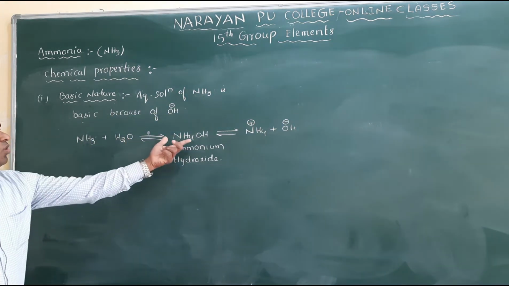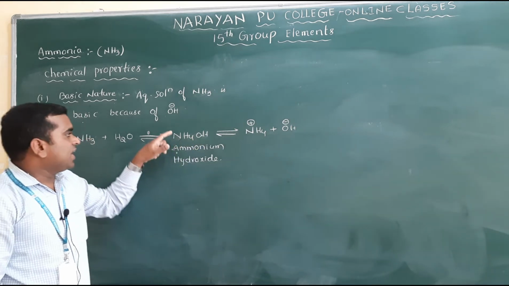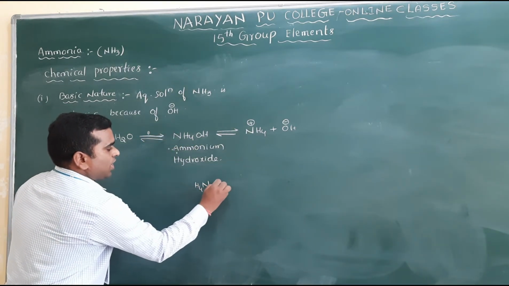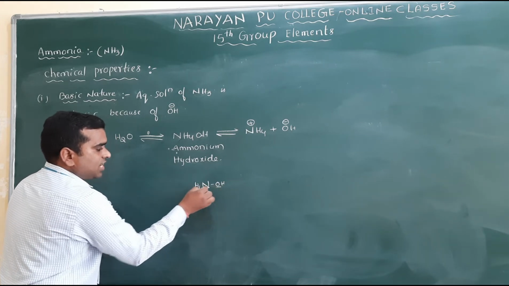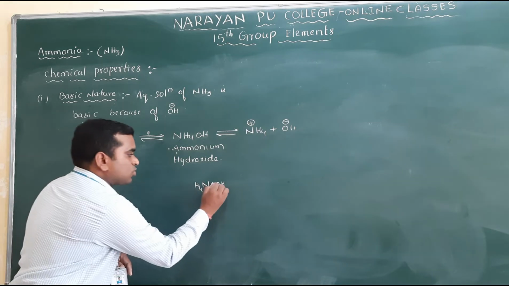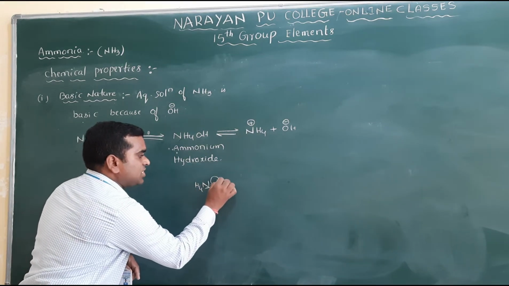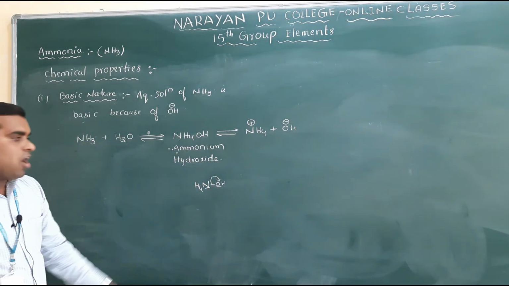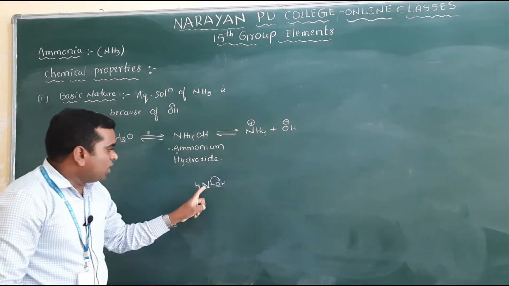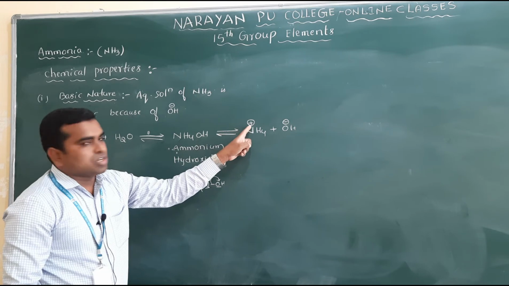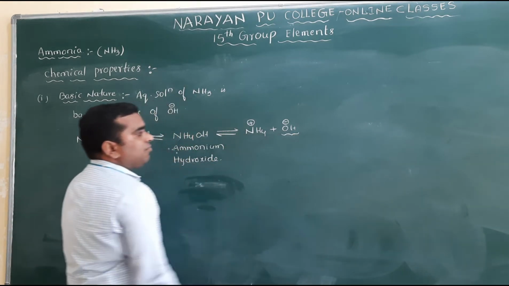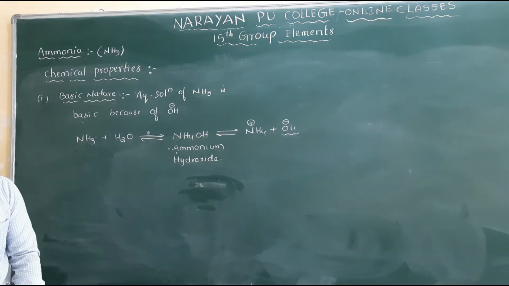You already know how to dissociate this molecule. In NH4OH, between nitrogen and oxygen, which is more electronegative? Oxygen is more electronegative than nitrogen. So the bond pair of electrons will shift towards the oxygen. Oxygen gains an electron, acquiring a negative charge, and nitrogen loses an electron, acquiring a positive charge. Clear? So in this solution, which ions are present?